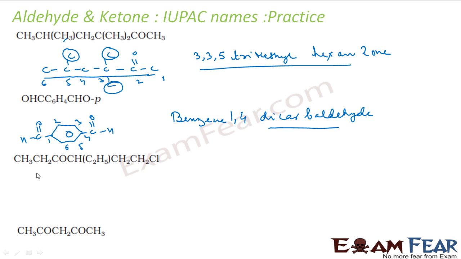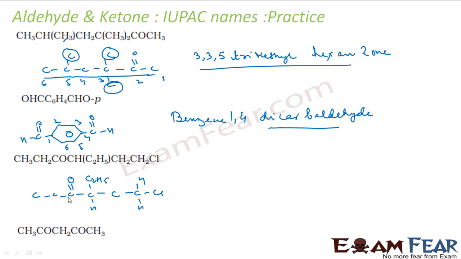Let's check this. Let me draw the structure of this for clarity. 1 carbon, 2 carbon, third carbon with the oxygen. Then I have a carbon with the hydrogen here and an ethyl group here actually. Carbon with 2 hydrogens, carbon with 2 hydrogens, a chlorine. So this is also a ketone if you see, right?